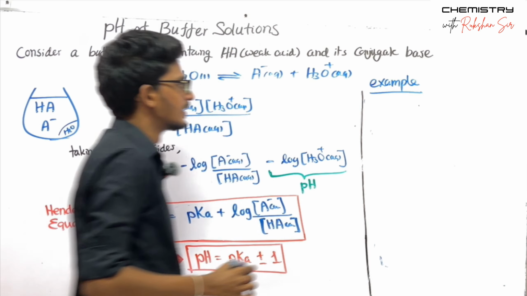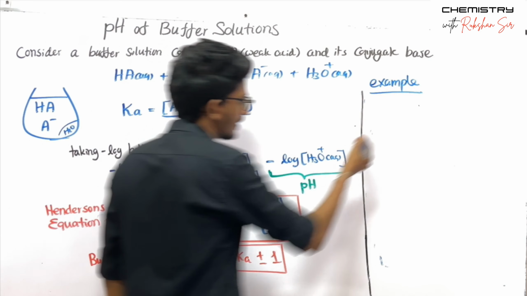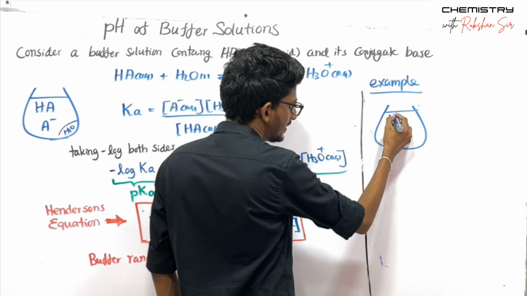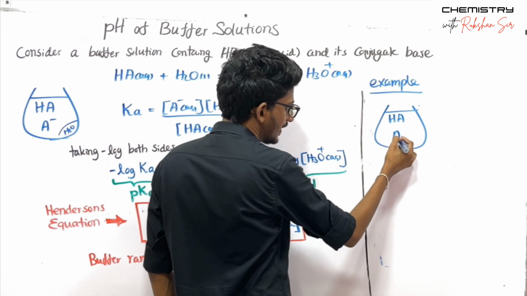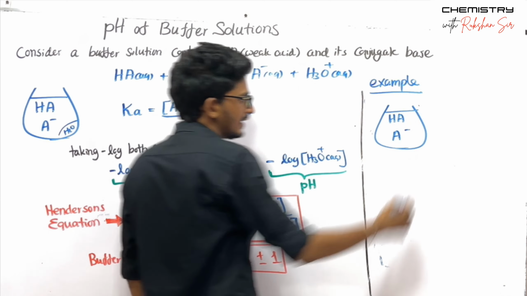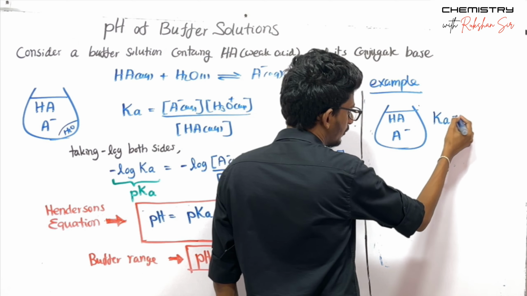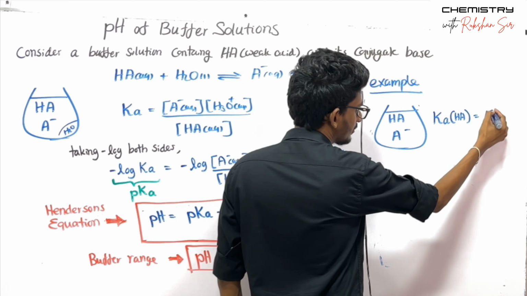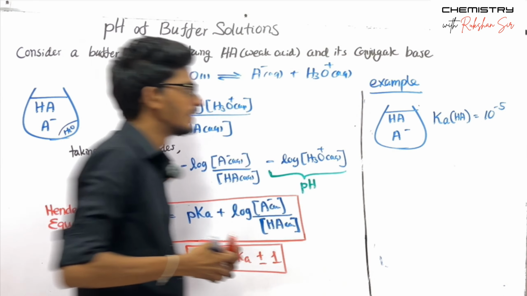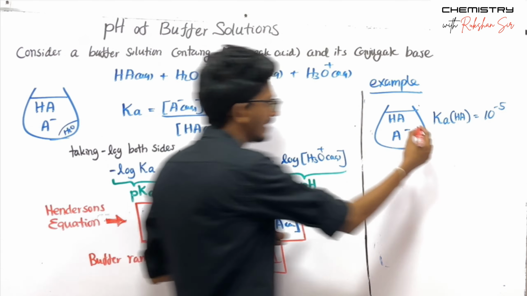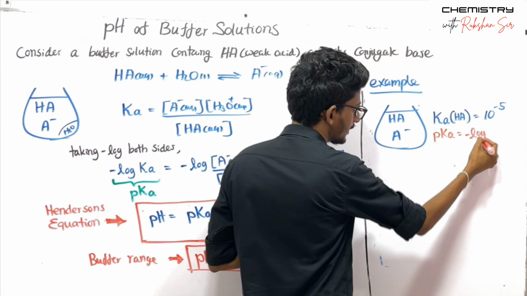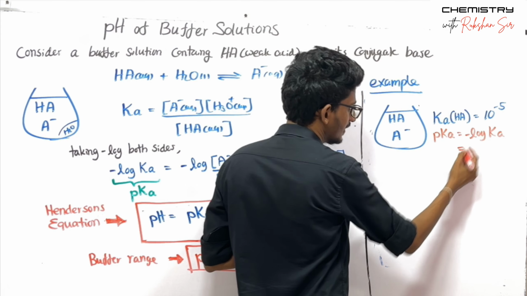Let's say you have a buffer solution made up with HA and A minus. Let's say the Ka value of HA is 10 to the power minus 5. That means its pKa value, which is minus log Ka, is equal to 5.